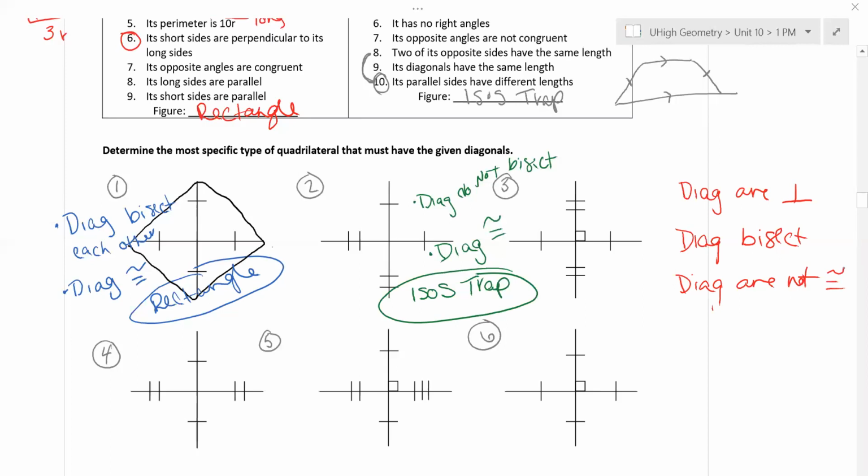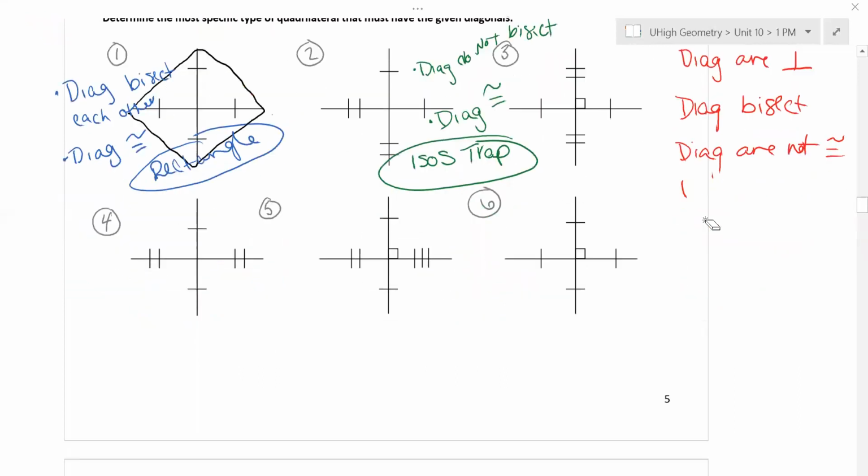So what shape has diagonals that are perpendicular, diagonals that bisect each other, and diagonals that are not congruent? Well, the most specific that I could be here would be a rhombus.